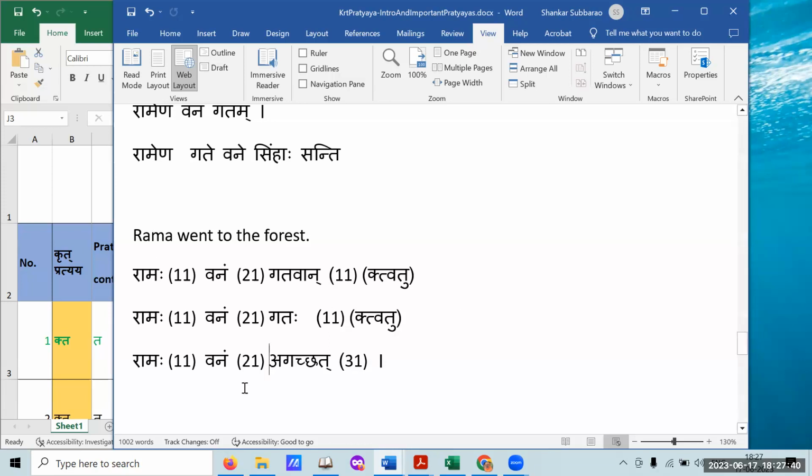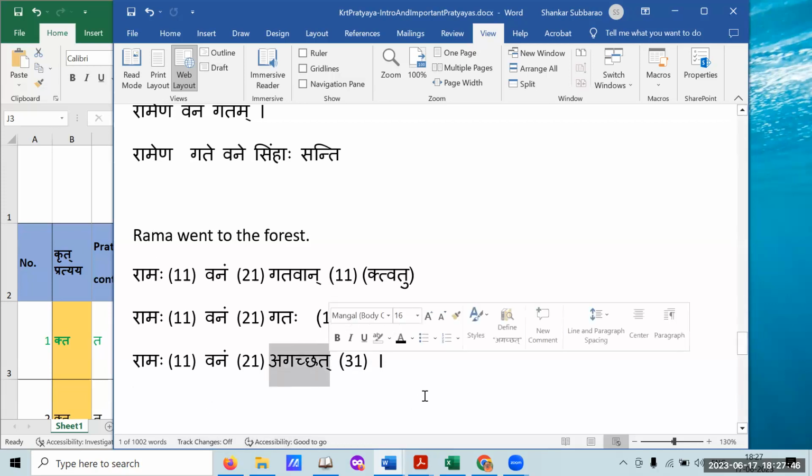All right. Now look at this. Suppose you want to say with this agachat. Agachat now is what? Agachat, agachatam, agachan, agachaha, agachatam, agachata, agacham, agachava, agacham. Exactly same like lat lakara, except it is past tense. Same person, number, gender, everything else works.